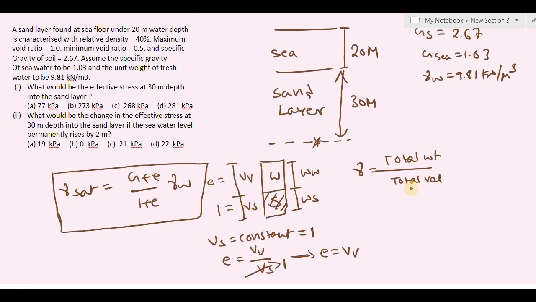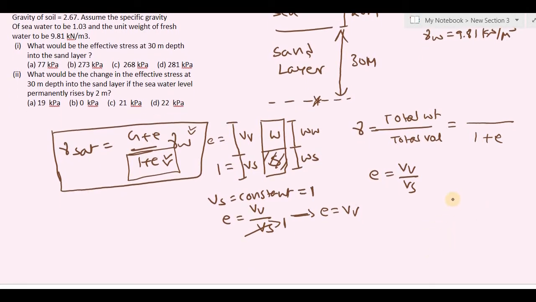So this is the total volume: 1 plus E. What if here there is sea water? In that case also E equals volume of voids by volume of solids. Nothing will change, so the denominator will not change. Then the numerator maybe will change. We will see.